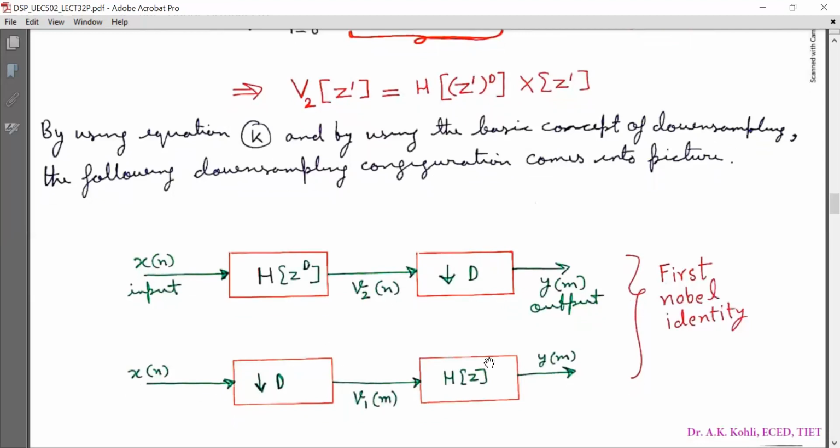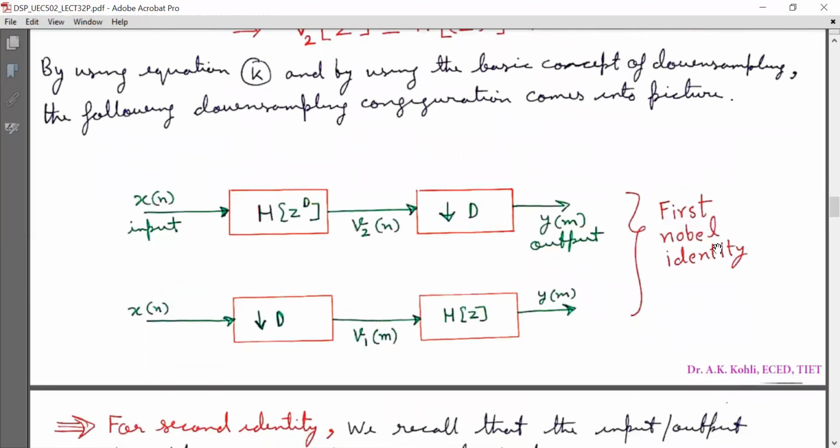If you look at these two block diagrams, the output remains the same, that is y[m]. So this means I can interchange or swap the position of these two blocks, but I need to make appropriate changes in the filter function. That's it. So this is called the first noble identity, used for downsampling or decimation related configurations to reduce the computation complexity. This is very important.